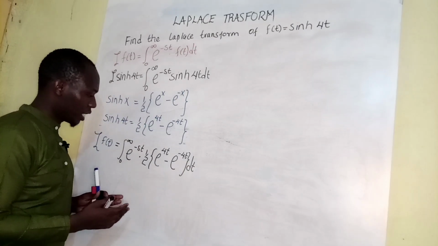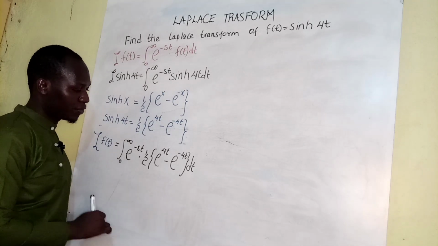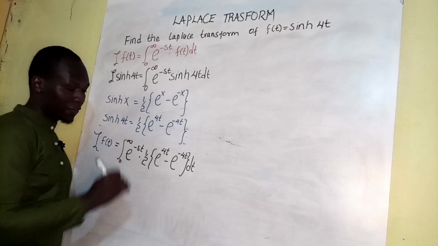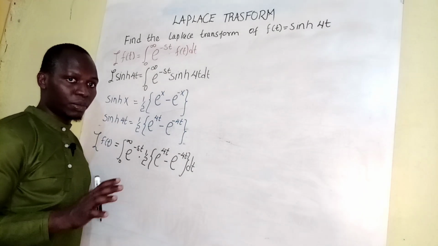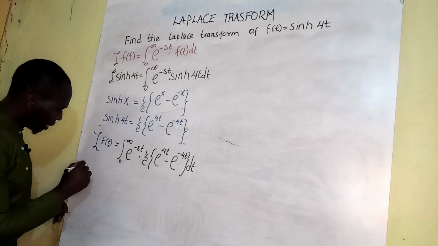At this point now, we can factor out a half because it is not a term of dt, and simplify our exponentials by using the laws of indices. And this is what we are going to have now.